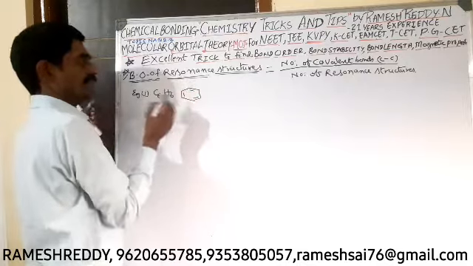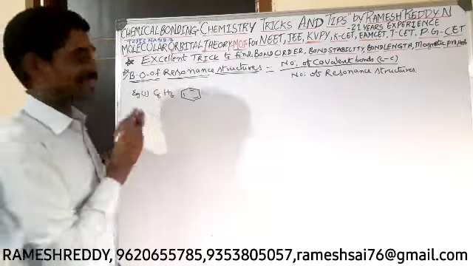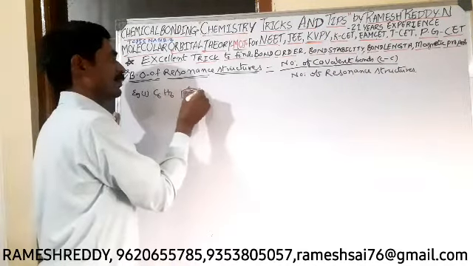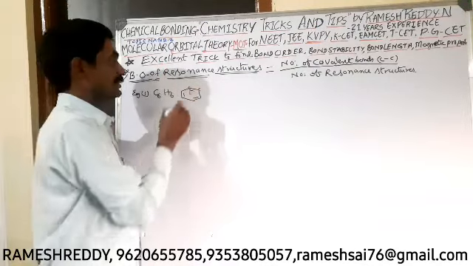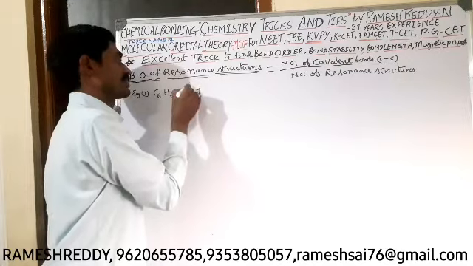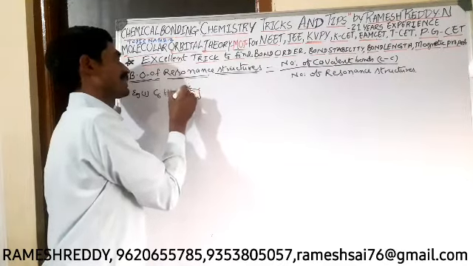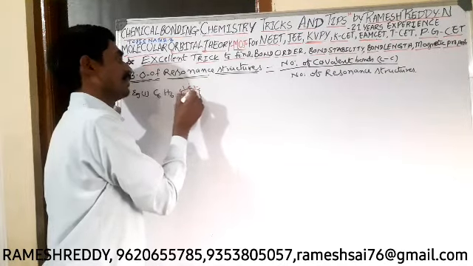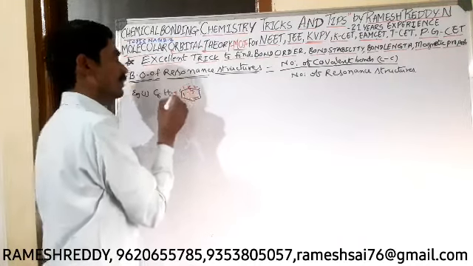Here in benzene, between this carbon and carbon, how many bonds are there? This carbon has one bond on this side, one bond on this side, and a third bond, right?